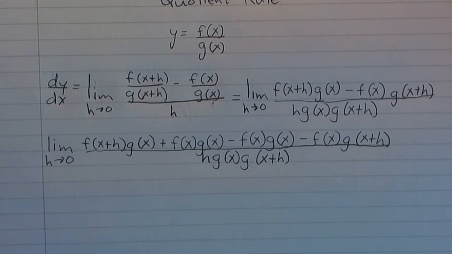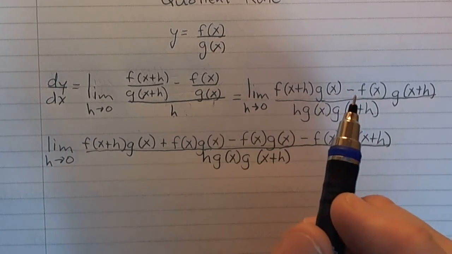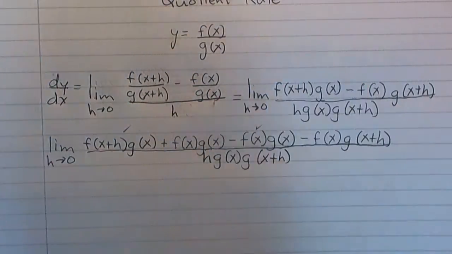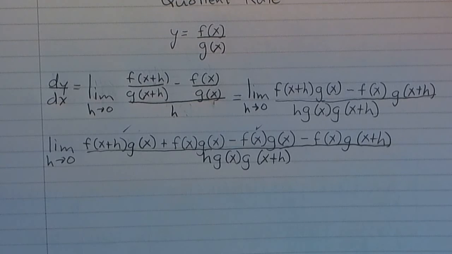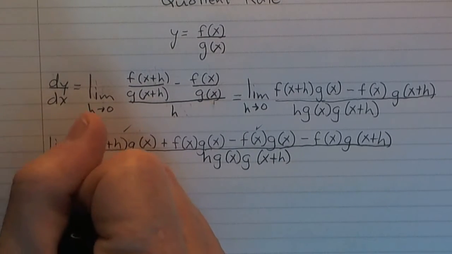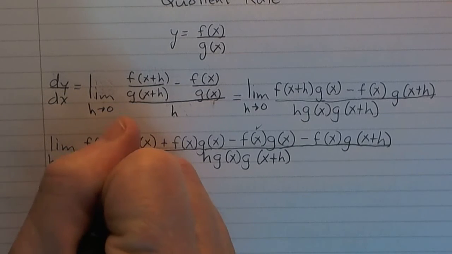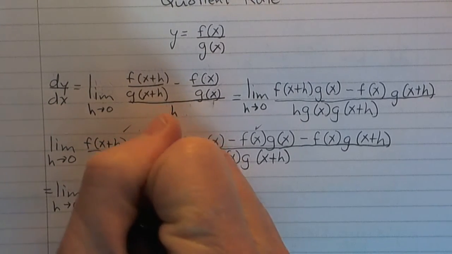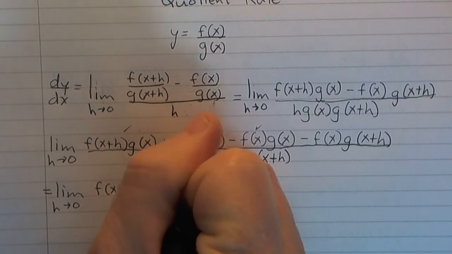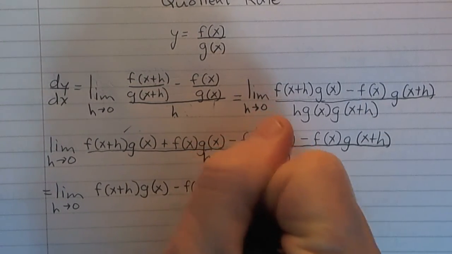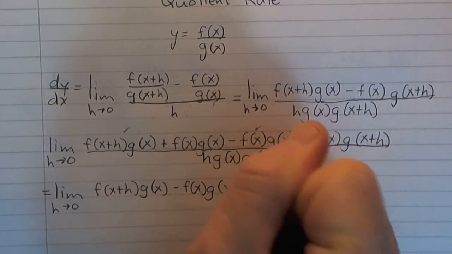Now I want to do some regrouping. I want to group this term and this term together. So we've got the limit as h goes to 0 of f of x plus h, g of x, minus f of x, g of x.